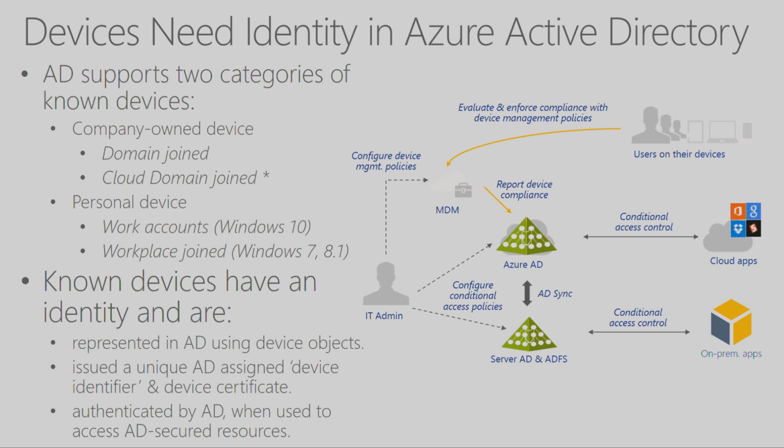So domain joined is just the basic Active Directory join of a machine, and cloud domain join is what Azure Active Directory join is. In the exam, if you see anything that relates to cloud domain join, it's Azure AD join, right? And also know that in Windows 7, we had Workplace Join, which is a very similar experience of making sure you had access to company resources, Windows 7, Windows 8.1.